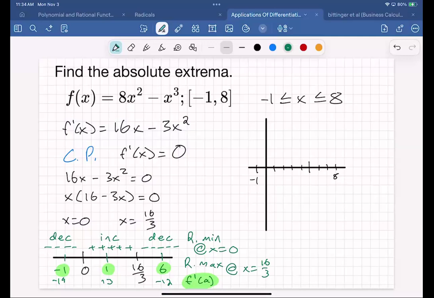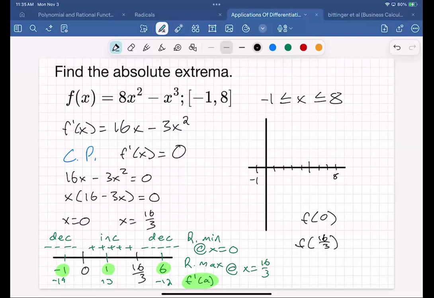Now, you don't necessarily need the graph for this, please understand that. But having this information helps us, because what we need to do now is plug in our values and determine if these are the absolute min or absolute max. Now that we know what to expect with these numbers, we can start plugging stuff in. So we'll plug in f of 0, we'll plug in f of 16/3 to get those baseline values.